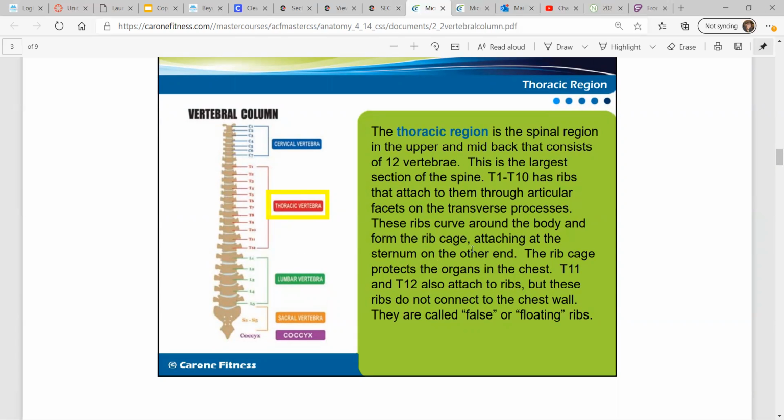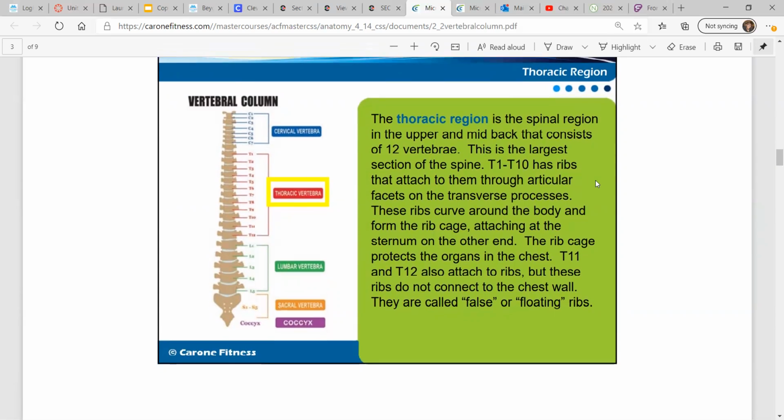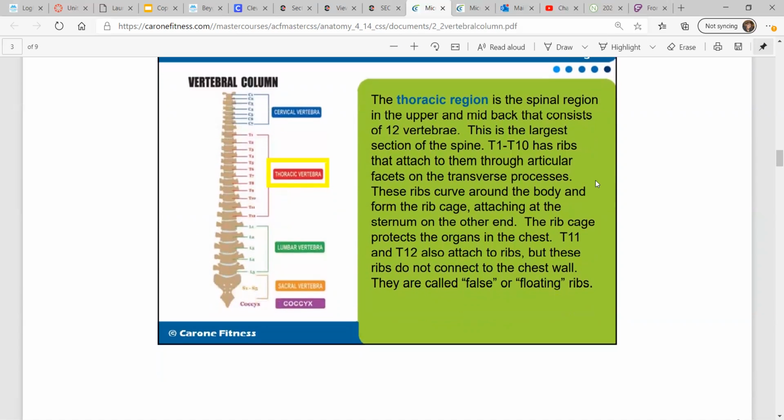These ribs curve around the body and form your rib cage, attaching at the sternum on the other end. So the spine is attached to ribs, they curve around, and then they meet near your chest, the sternum. The rib cage protects the organs in your chest. So that's like your protection.